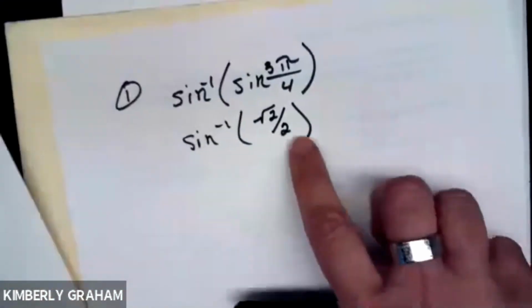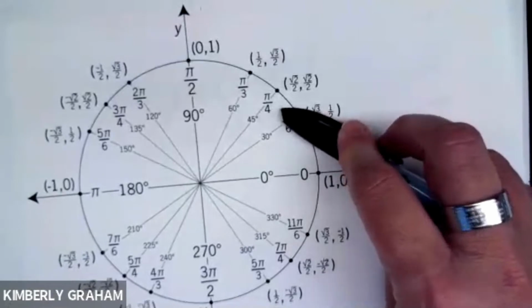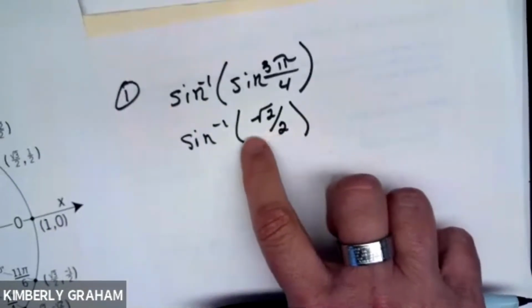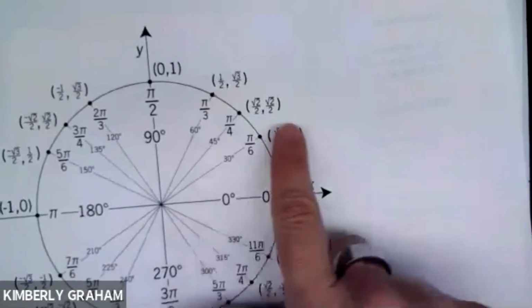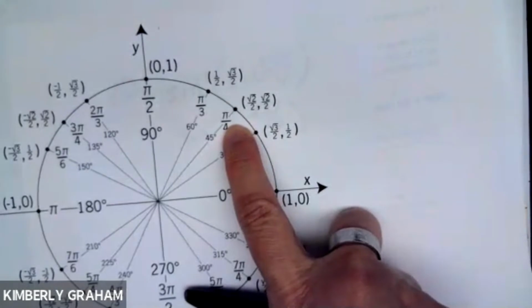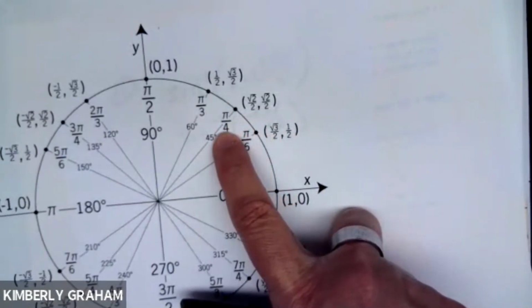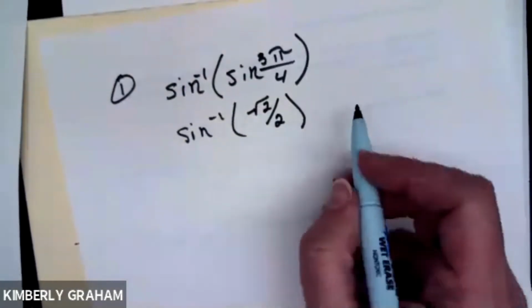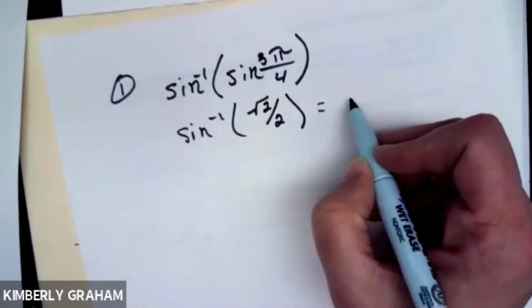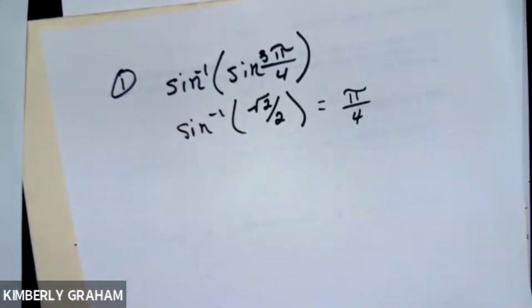And because I have a positive value, I am in the first quadrant. Remember that the sine value is associated with your y value, or your y coordinate. So this is going to be this point right here, and that's angle pi over 4. And that's the appropriate angle name. If I'm in the first quadrant, I'm okay with that.